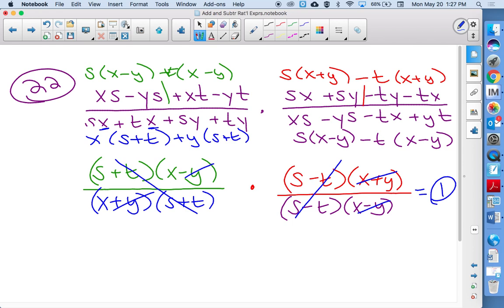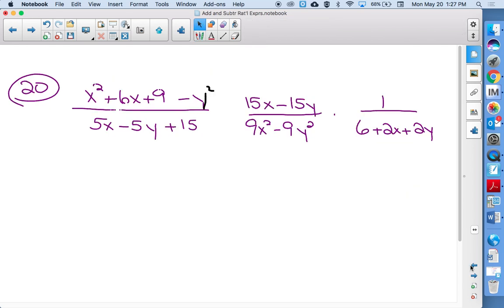Because it would be 1. Yeah, it's being multiplied. It's not being added or subtracted. So it's not like I have 2x minus 2x, because that equals 0. 2x divided by 2x is 1.